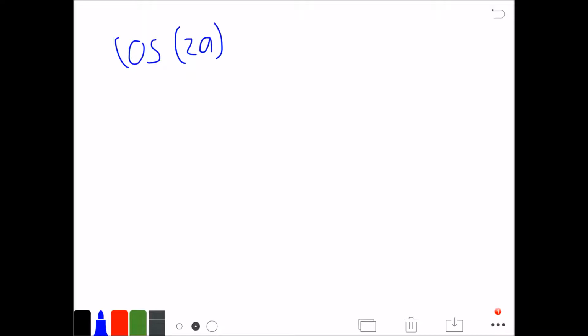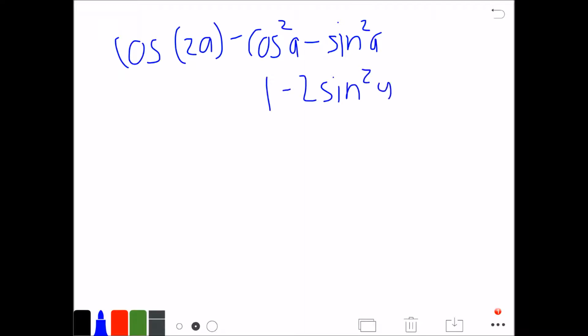There are three forms to the cosine of 2a. There is cosine squared a minus sine squared a. That's easy enough to prove, which I'll show in a second when I tell you what you should do. The other second form is 2 cosine squared a minus 1.